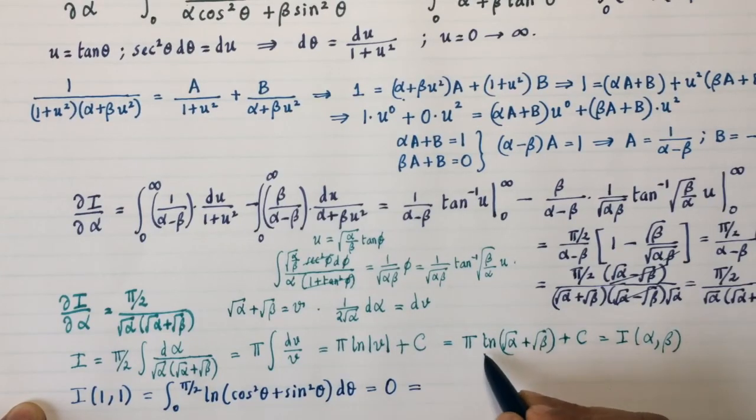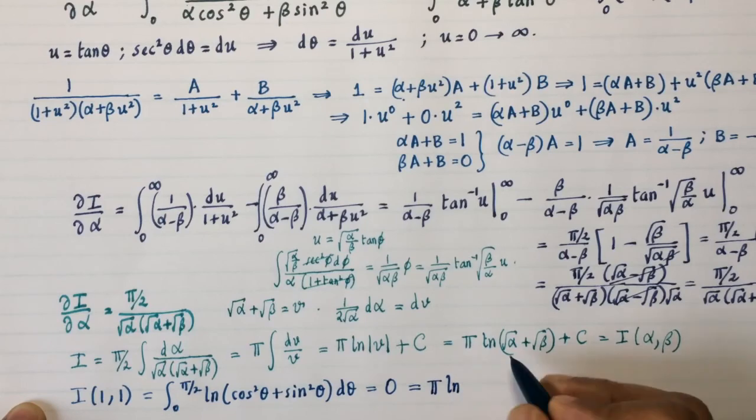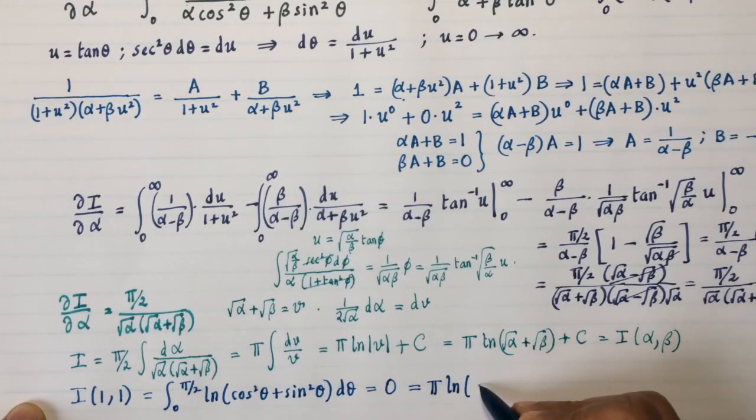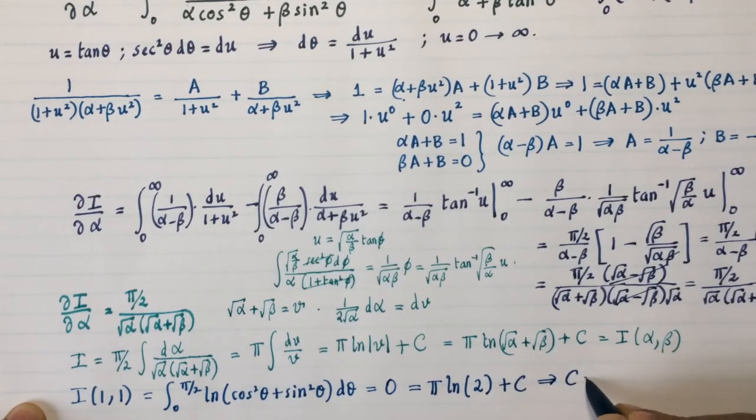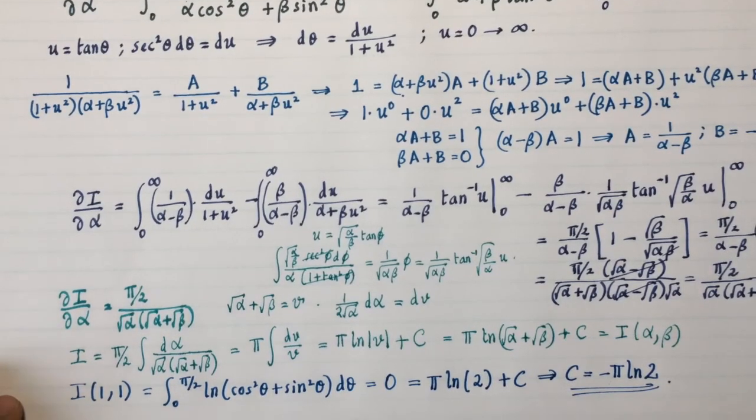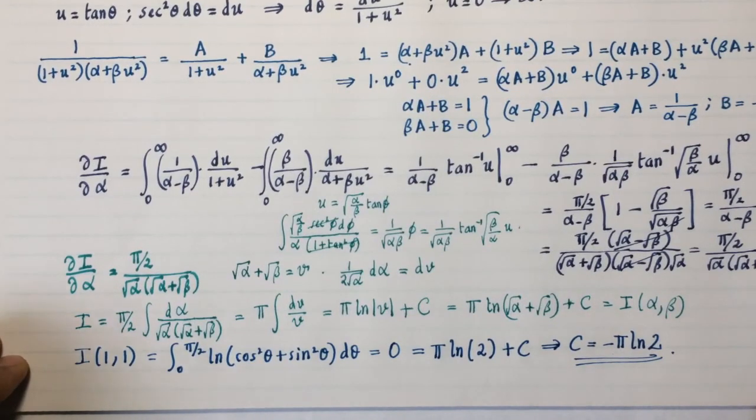But all that is equal to also this. So this is going to be pi times the natural log of alpha is 1 and beta is 1, so that's root 1 plus root 1, which is 2, plus c. In other words, I've established that c equals negative pi ln 2. Highly non-trivial constant of integration. You could not have set it equal to 0 rashly.